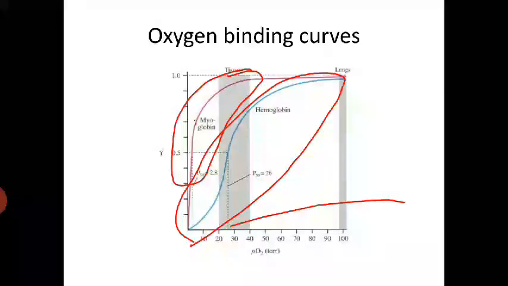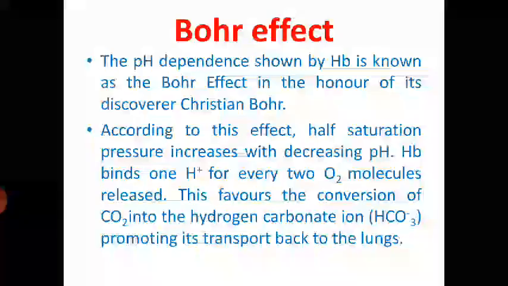That means at higher concentrations or higher partial pressures, both myoglobin and hemoglobin have the same affinity, but at lower concentrations or partial pressures, myoglobin has high affinity for oxygen, and hemoglobin has less affinity. Then let us move to the next point, that is the effect of pH on oxygen binding.